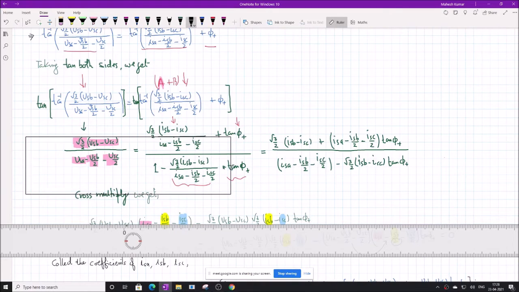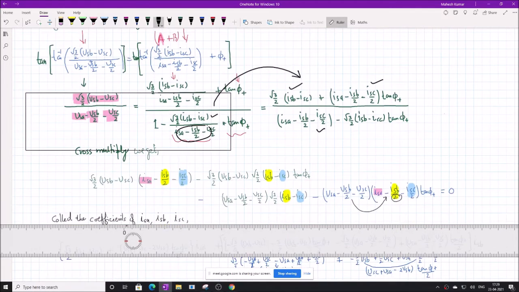Just simplify the denominator of the right hand side. Then we get this expression: the first term, tan phi into this one, divided by this, and the right hand side becomes minus root 3 by 2 into tan phi plus. So this is the simplification of this.